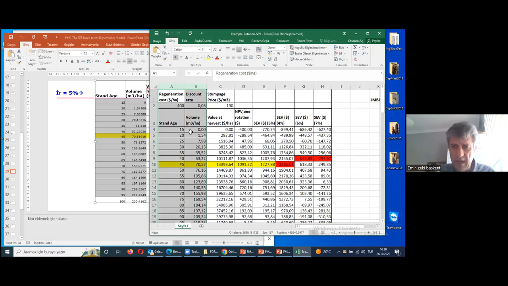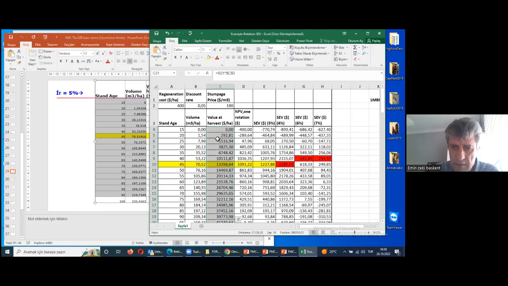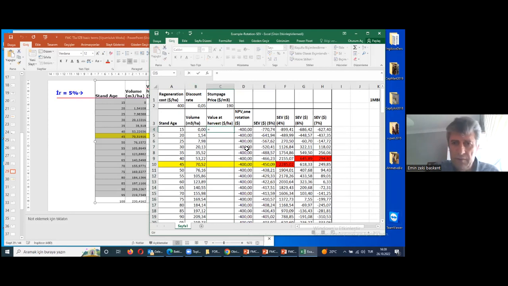Over every other rotation, assuming that the rotation age is this, we'll assume that each age is a rotation age. So what happens when we calculate the soil expectation value, assuming that the rotation age is 15? First we have to calculate the value, the economic or selling value given the stumpage price.